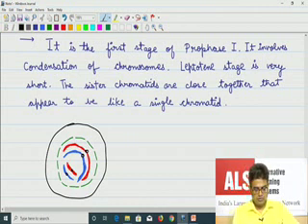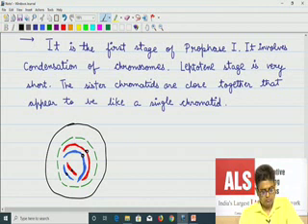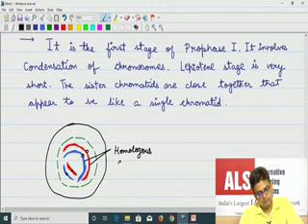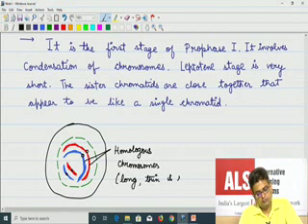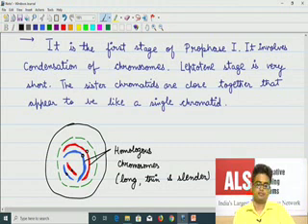So these are homologous chromosomes. And they are long, thin and slender.